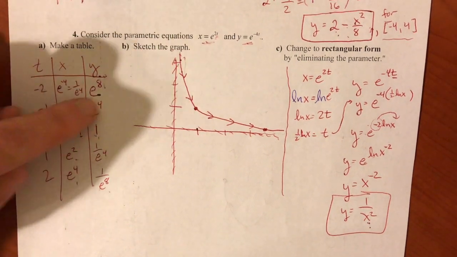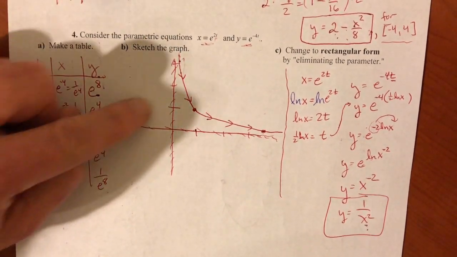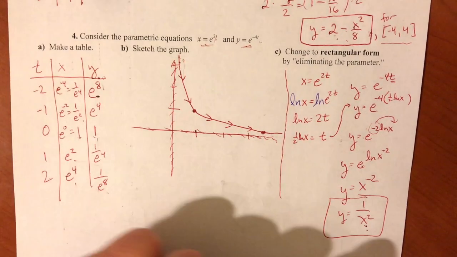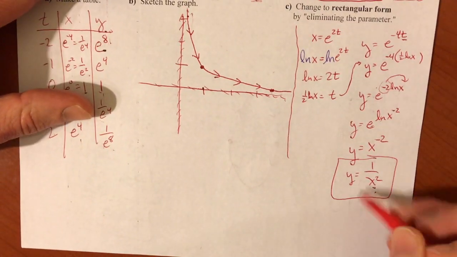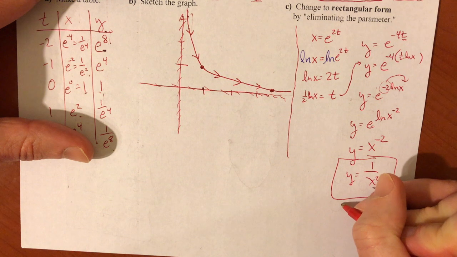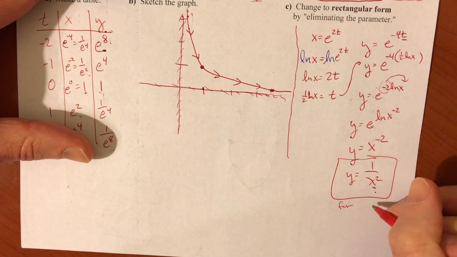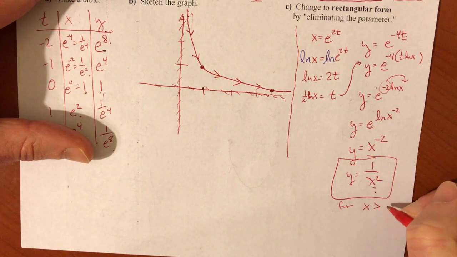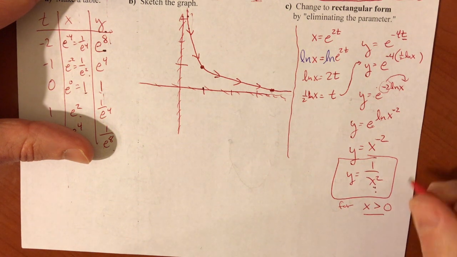It kind of looked like a volcano, if you remember those graphs. And we don't get that piece from this. So I have this equation, but only for x values that are greater than 0.